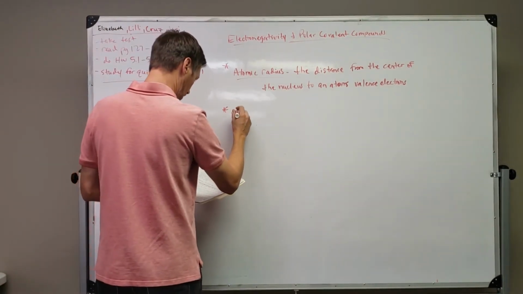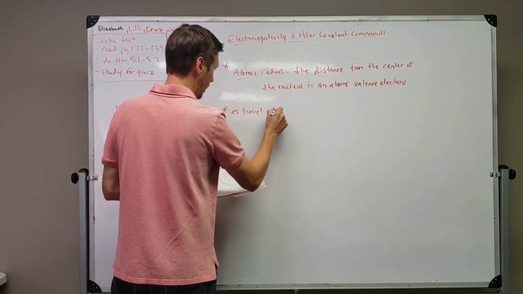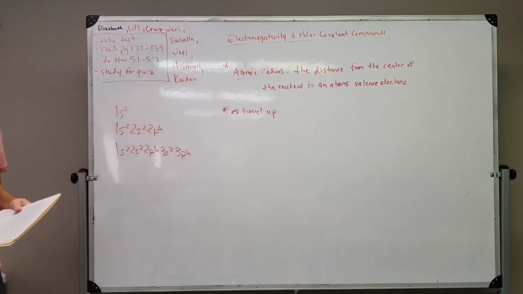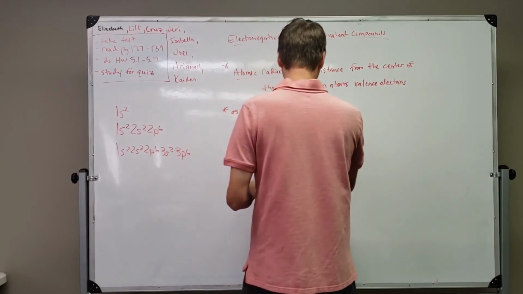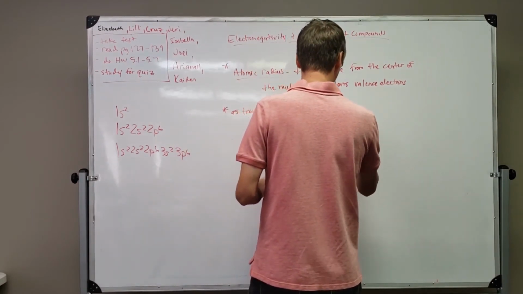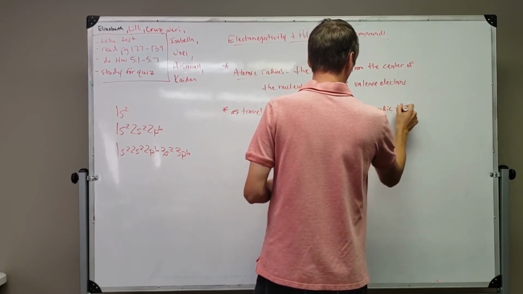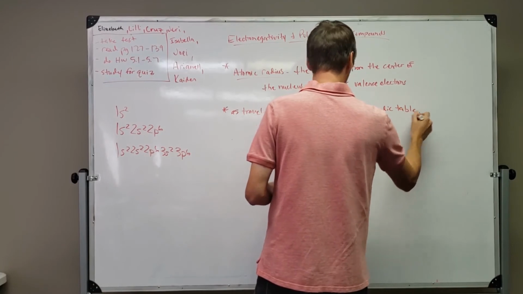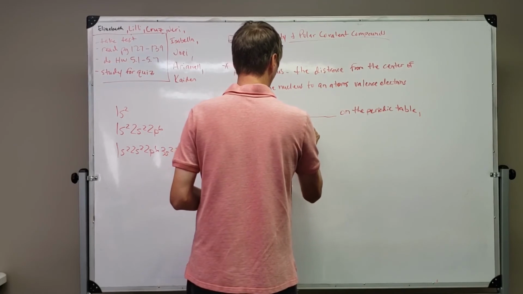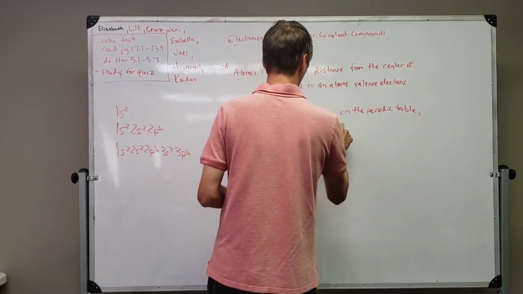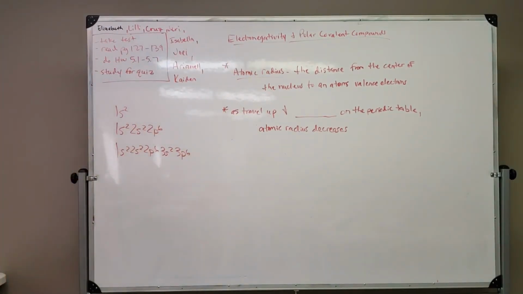As you travel up the periodic table, the atomic radius decreases.